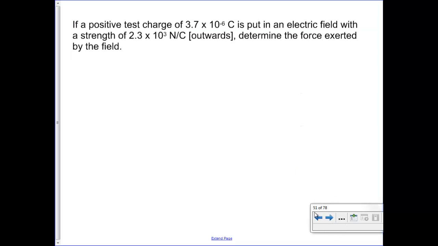Let's do some more examples. You have a positive test charge in an electric field. Let's figure out the force exerted. Electric field strength is equal to your electric force over the amount of your test charge.